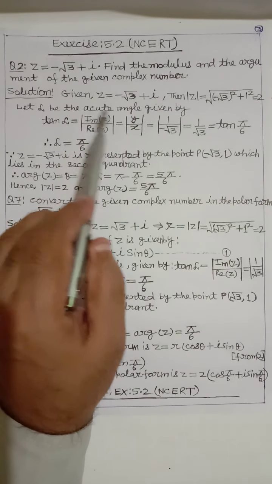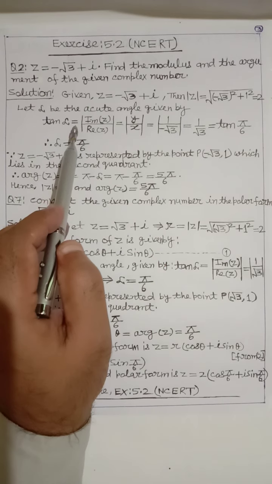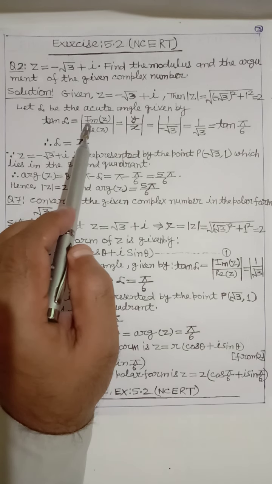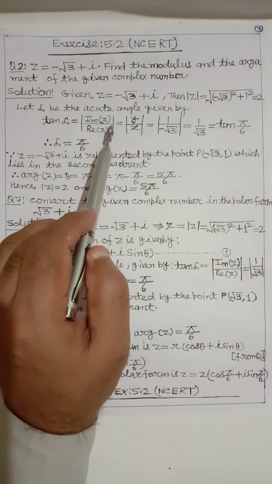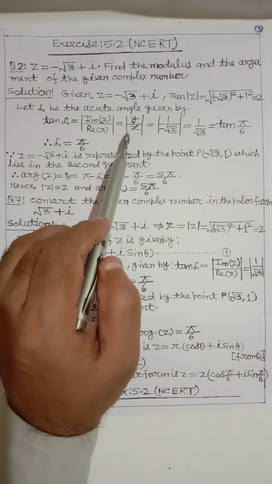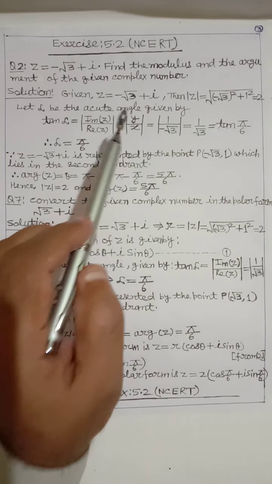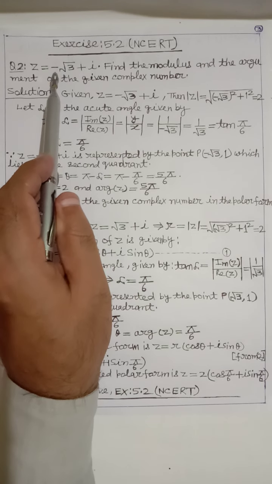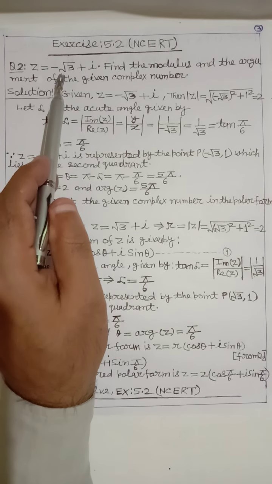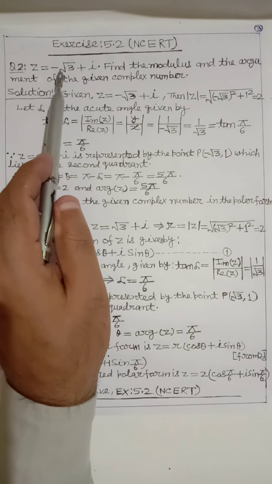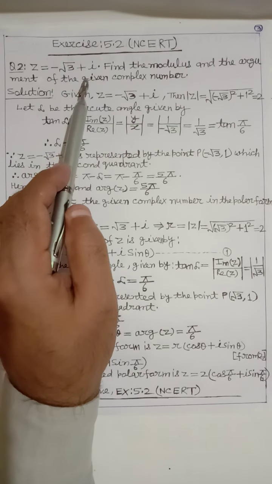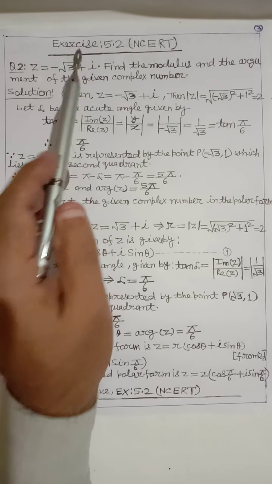Let alpha be the acute angle given by tan alpha is equal to, as we have already discussed above, the imaginary part of the complex number by the real part of the complex number, and this is equal to mod of y by x. So here x is equal to minus root 3 and y is equal to 1. The real part is minus root 3 and the imaginary part is 1 here.